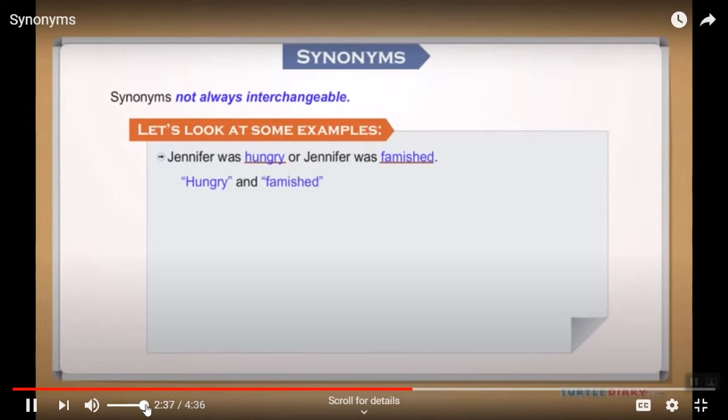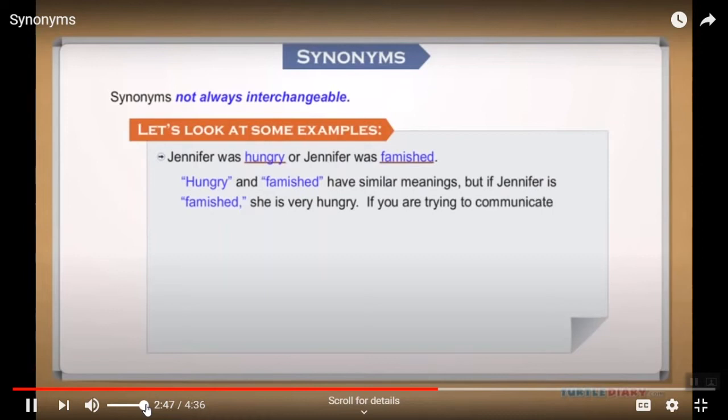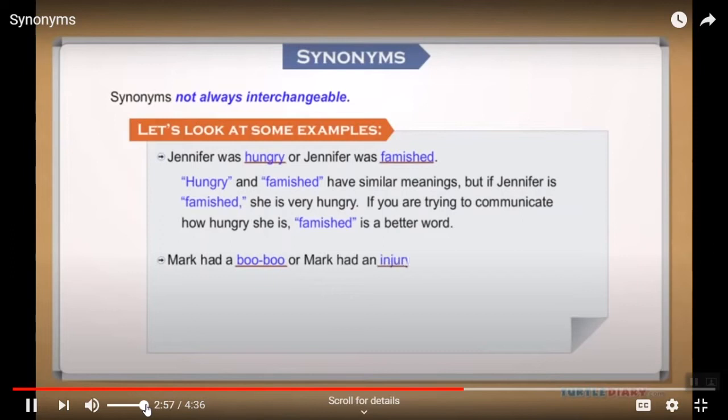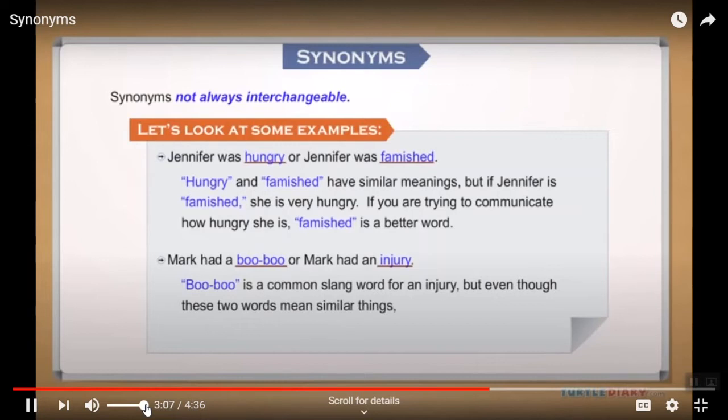Hungry and famished have similar meanings, but if Jennifer is famished, she is very hungry. If you are trying to communicate how hungry she is, famished is a better word. Mark had a boo-boo, or Mark had an injury. Boo-boo is a common slang word for an injury. But even though these two words mean similar things, you would not want to use boo-boo in formal speech or writing.